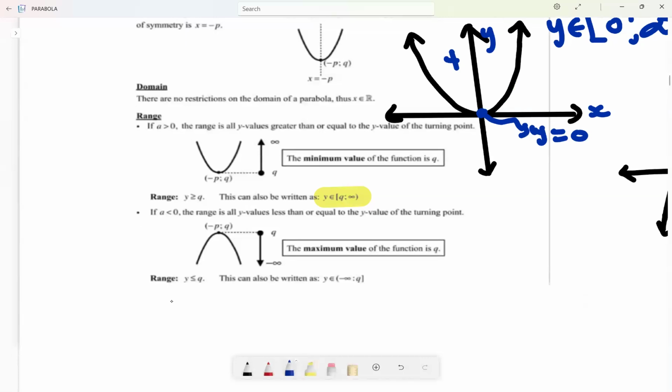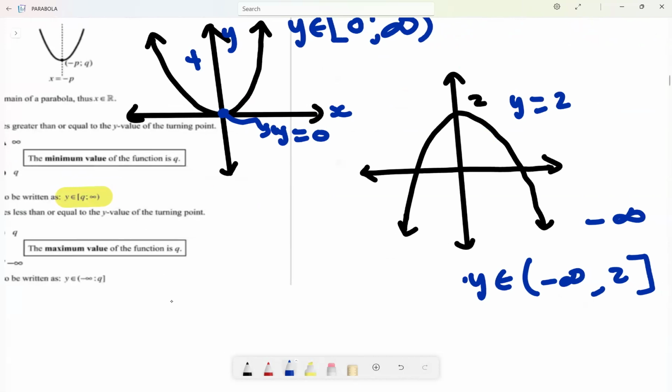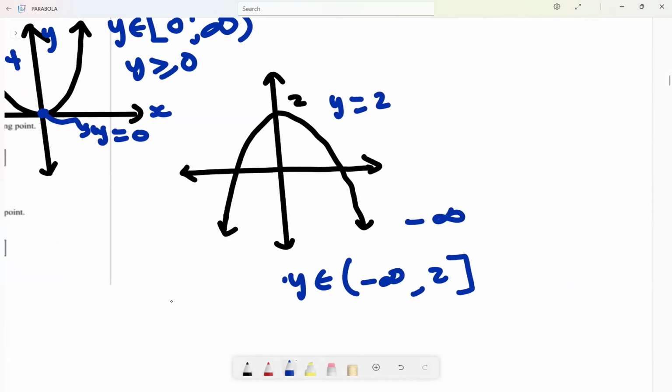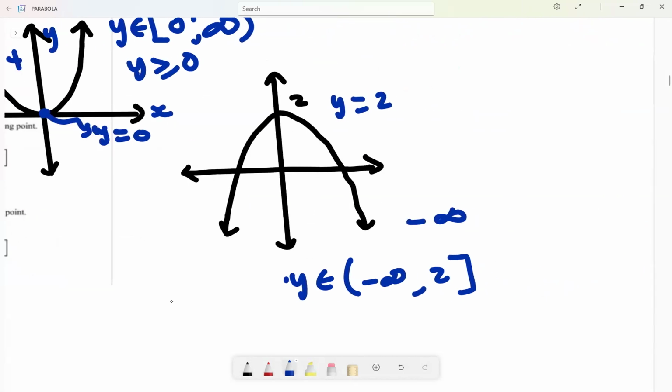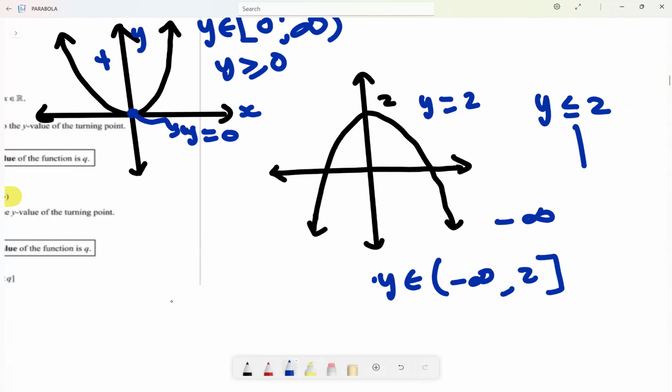You can also write it when y is greater than 0, from 0 and above. So you can say y is greater than or equal to 0. Here, you will say when we find our graph from 2 going downwards, the values of y are less than or equal to 2. Another notation is this one.